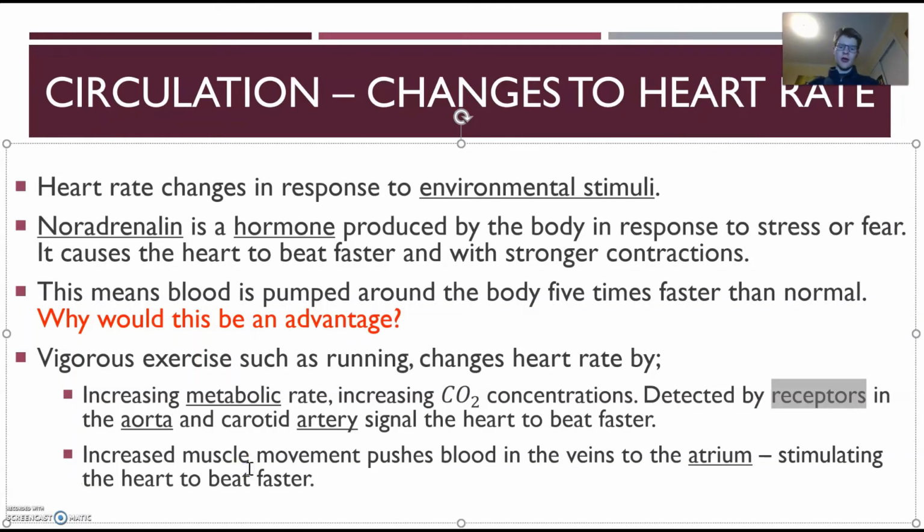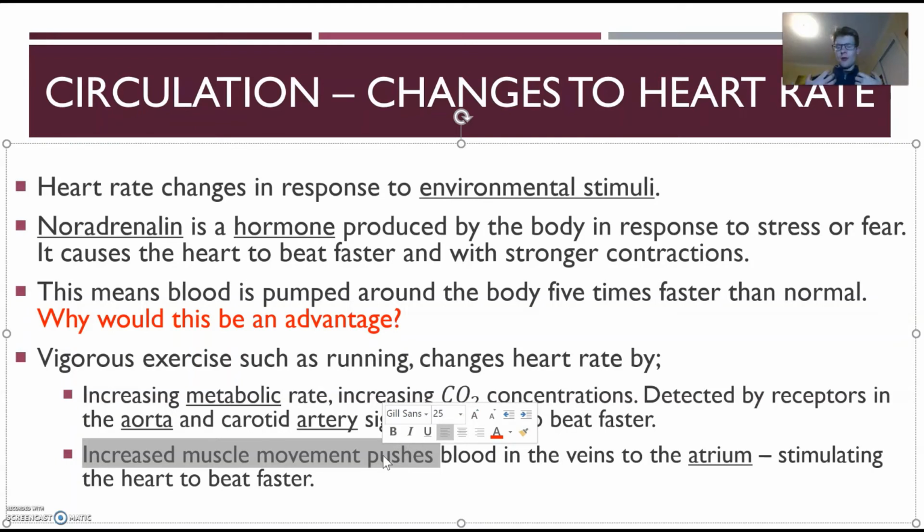As well as detecting that CO2 levels rise, we can also detect that there is more blood being pushed from our body into the heart, and the heart's walls will stretch.